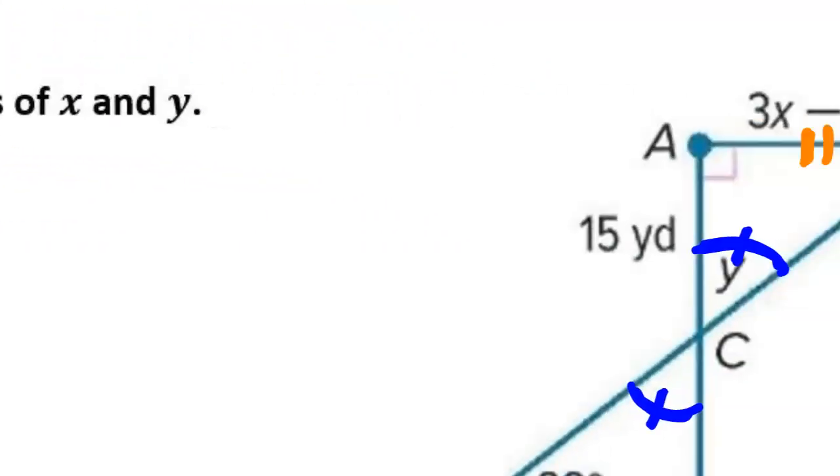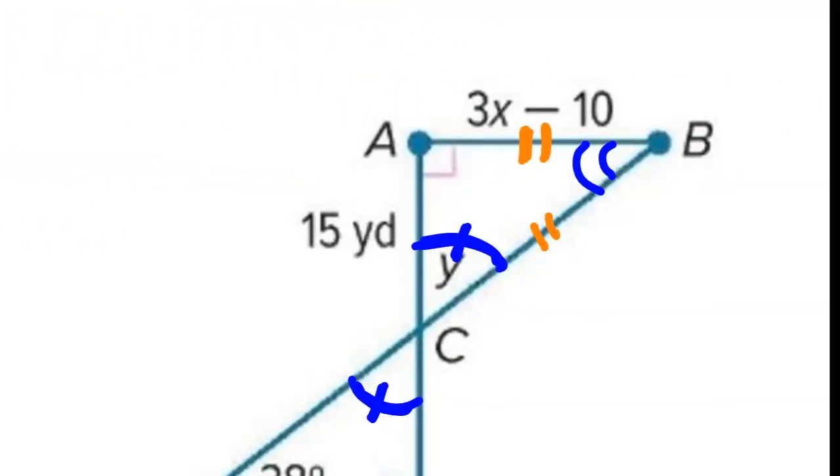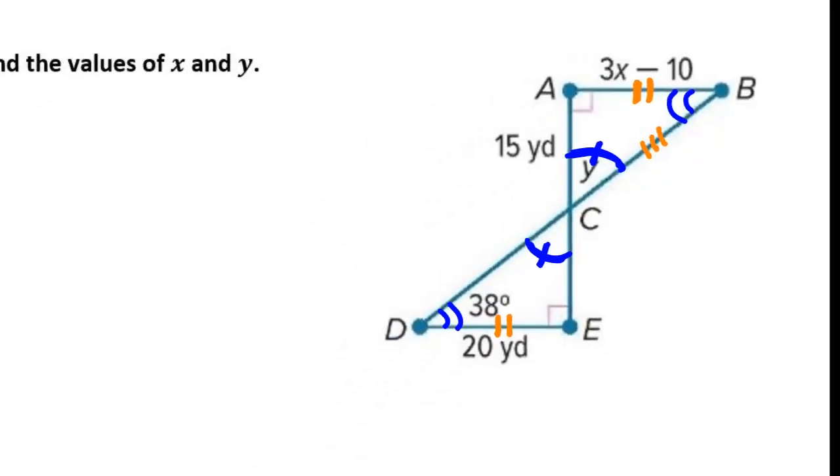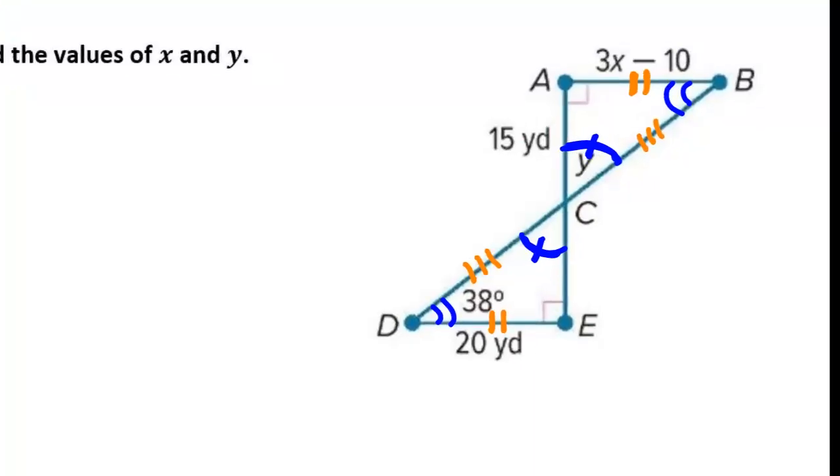Then I can look at the last 2 letters, BC. What would that correspond to? DC, last 2 letters, last 2 letters. So BC, this one over here, is congruent to DC, this one right here. And then we still have a third side. We still need to mark up that third side. What is the last pair of corresponding congruent sides?